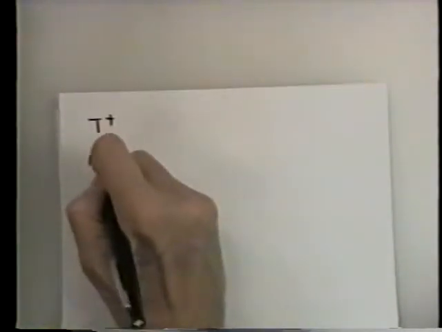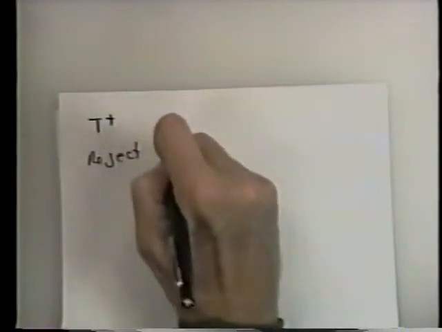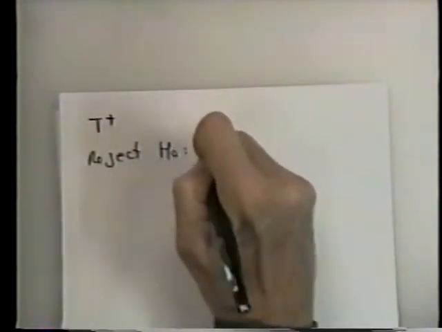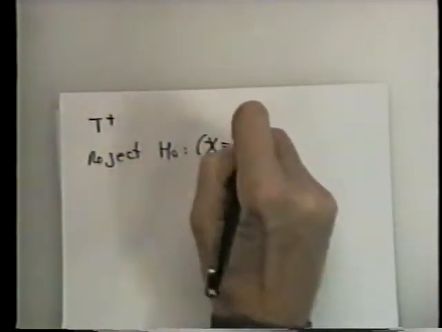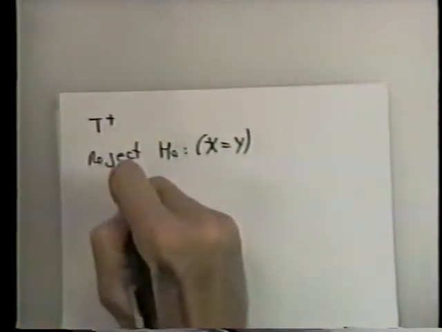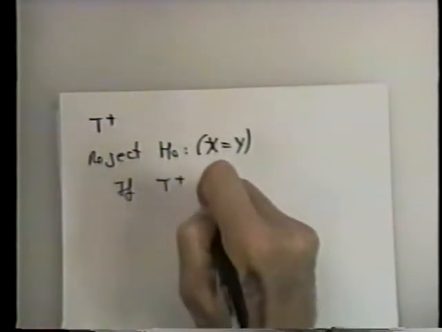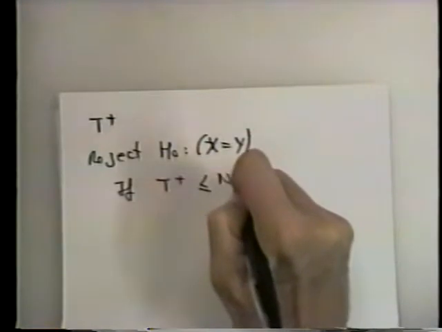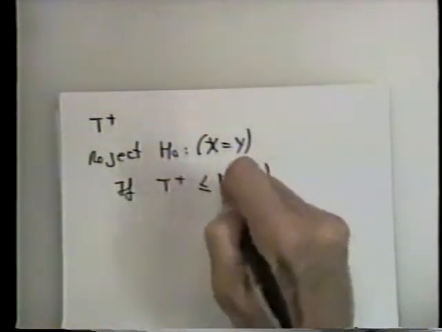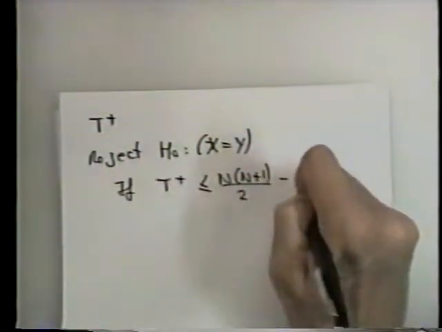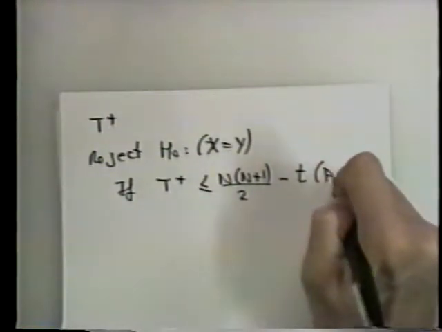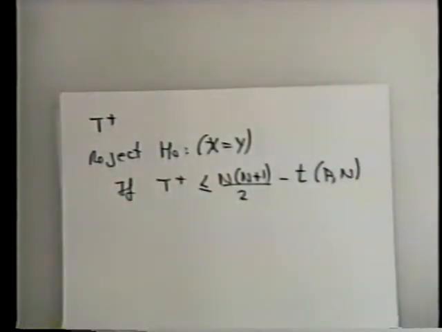Okay. So the statistic I get is called T plus. And now I reject the null hypothesis, that is, the null hypothesis is that x is the same as y, if T plus is less than or equal to the total number n times n minus 1 over 2 minus this little t, which is a function of p and n.